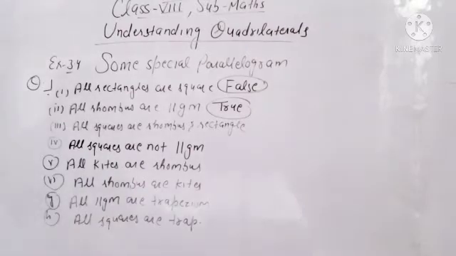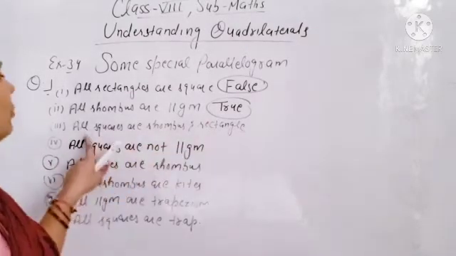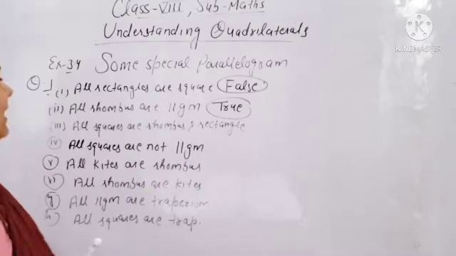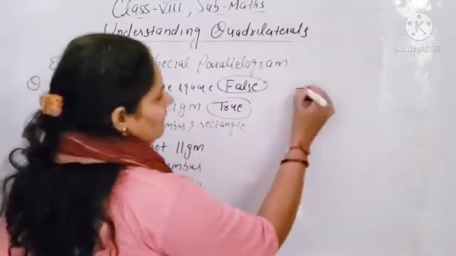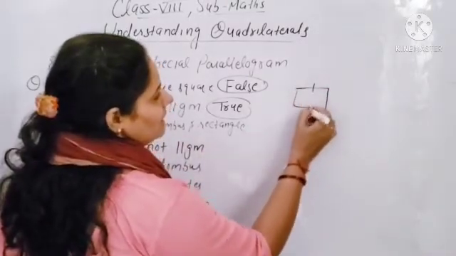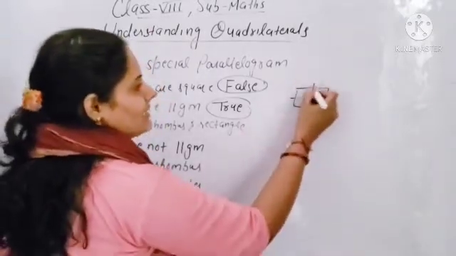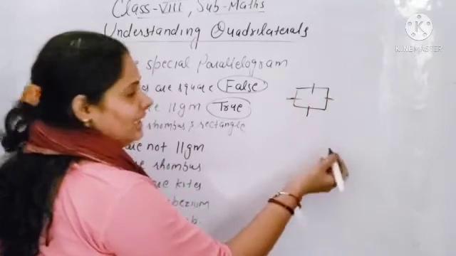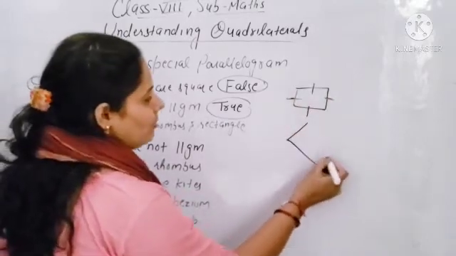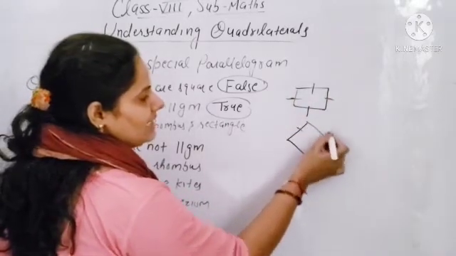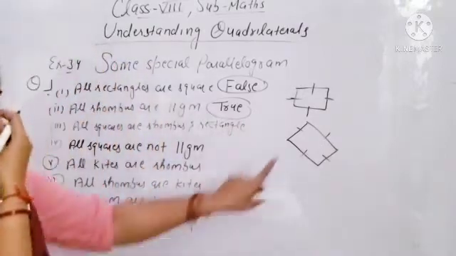Next one, all the squares are rhombus and rectangles. What is the definition of a square? A square is where all the sides are equal in length. If all the sides are equal, it means opposite sides will also be equal. In a rhombus also, opposite sides are equal in length.